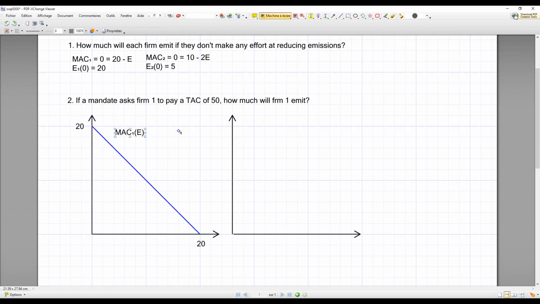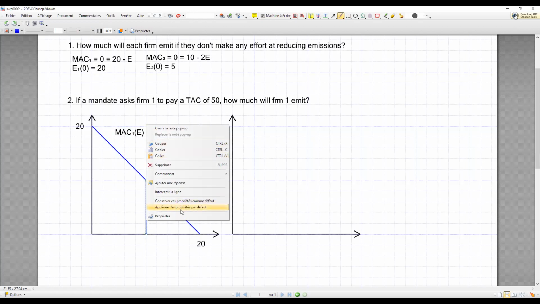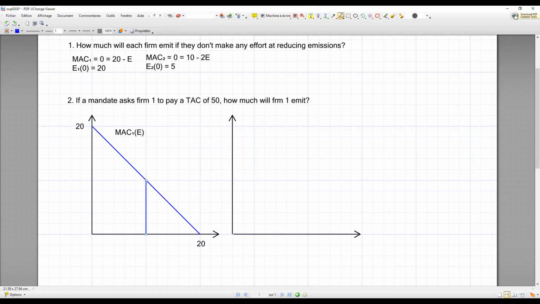All right. And the total emission, the total reduction. So I don't know what it's going to be, but I know that if firm one chooses E1, for instance, here, so this is going to be the total abatement cost. So what is it going to be? Well, it's going to be 20.